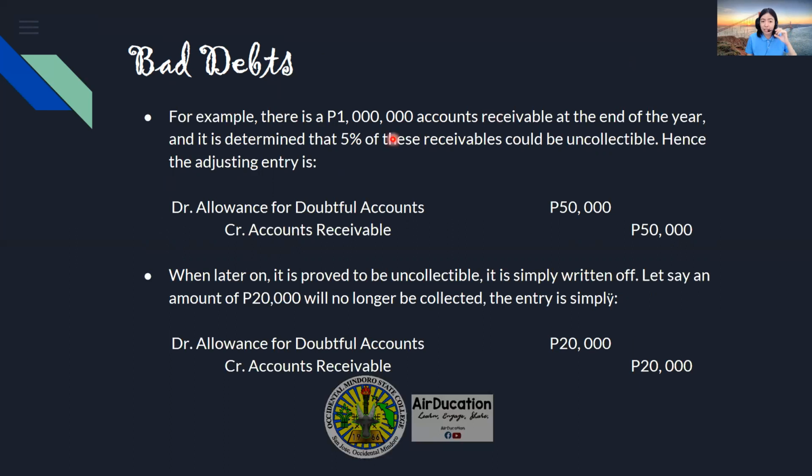And it is determined that 5% of these receivables could be uncollectible. Kapag could be, ibig sabihin, possible pa lang, hindi ka sure na makokollect siya, ang adjusting entry natin ay ito. Debit natin yung allowance for doubtful accounts and credit accounts receivable. Okay?